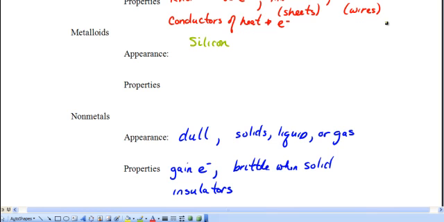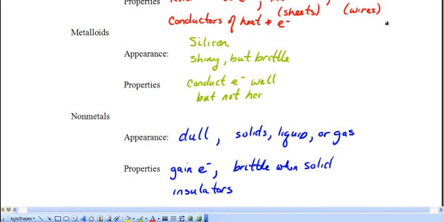Silicon is going to be shiny like a metal, but brittle, like a nonmetal. It will conduct electricity well, but not heat as well. When we say heat as well, it will heat up, but not nearly to the extent of metals.